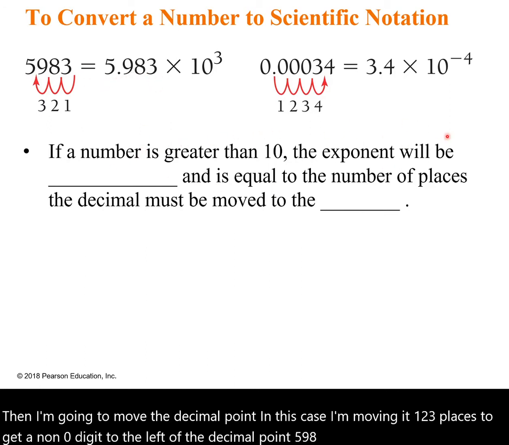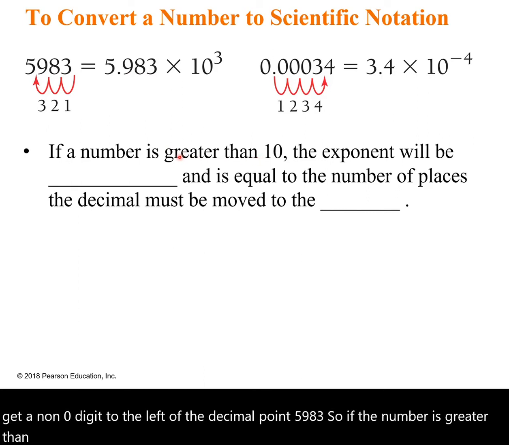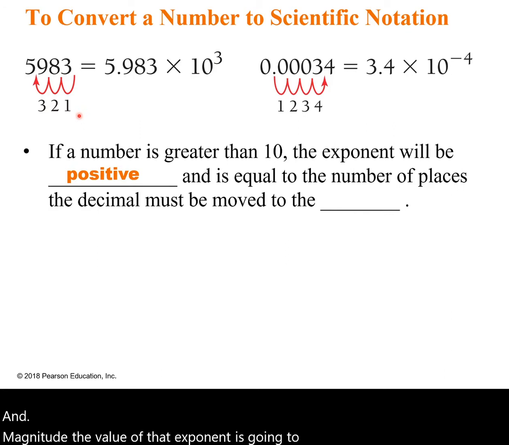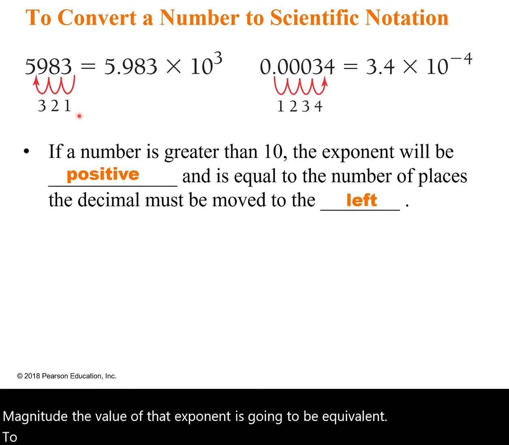So if the number is greater than 10, then the exponent is going to be positive. Okay, so the exponent will be positive, and the magnitude, the value of that exponent, is going to be equivalent to the number of places that you moved the decimal to the left. Okay?